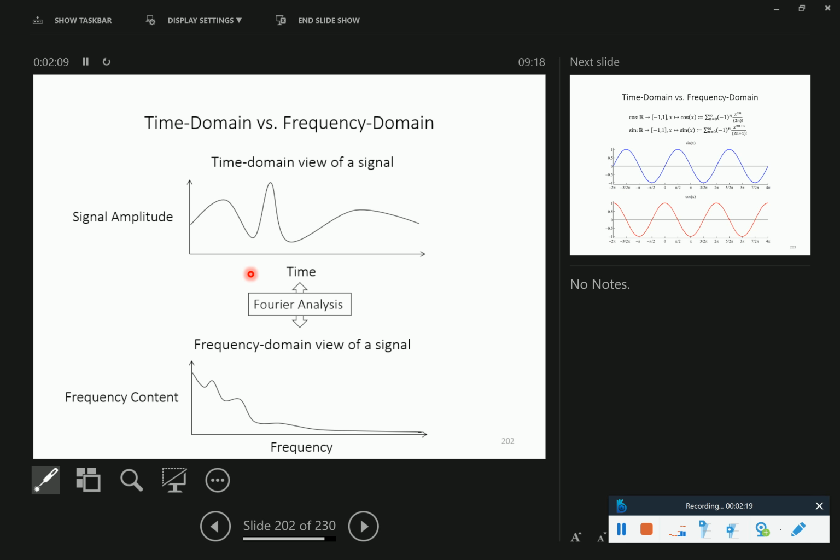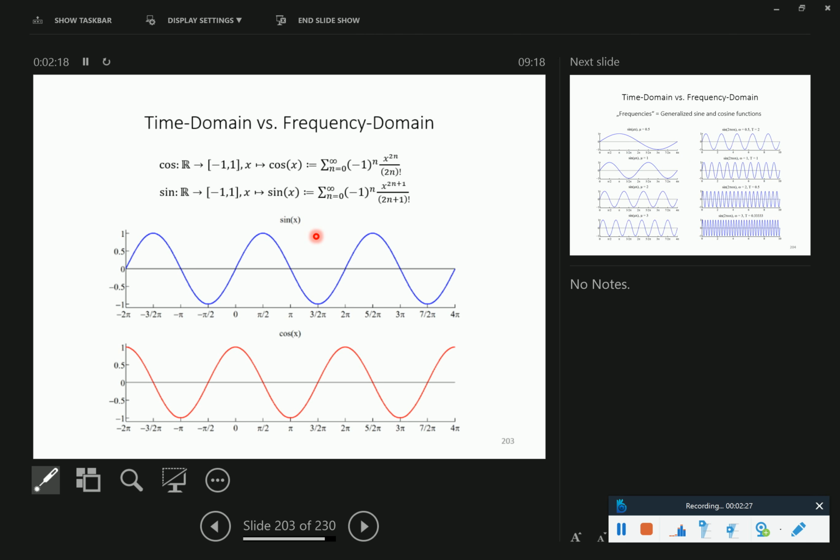And frequency, as we discussed last time, is to be understood as the frequency of sine and cosine functions, or of sine functions with different phases, so different offsets.